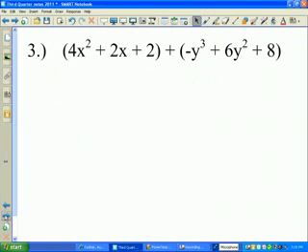So what will be my leading coefficient? You're probably saying, well, there's x's and there's y's, so where should I start? Think about the alphabet. What comes before what in the alphabet? X comes before y.